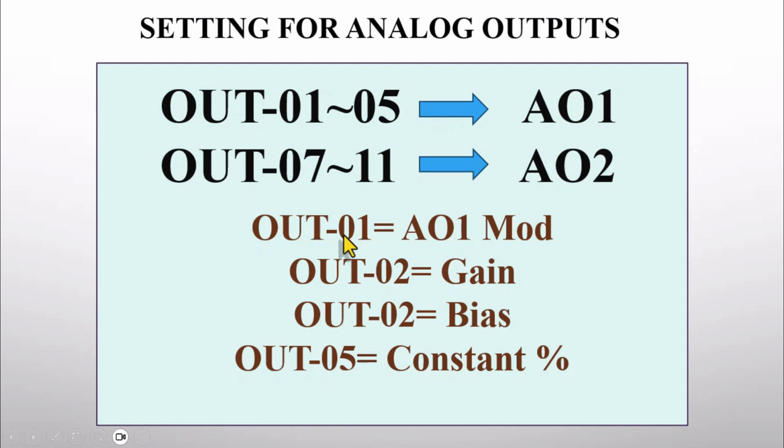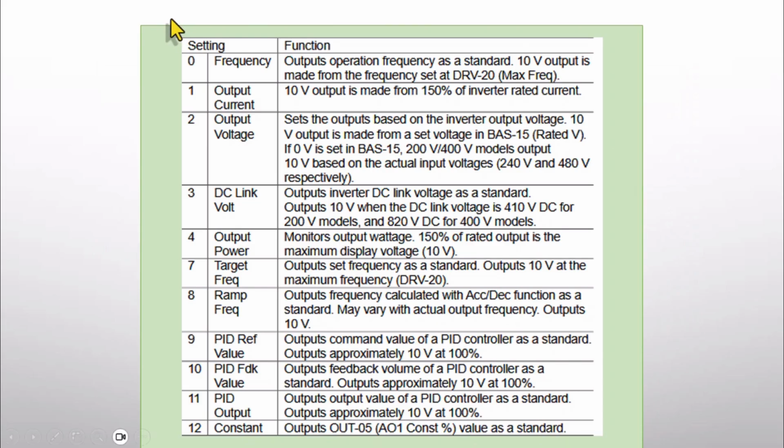OUT-01 is AO1 Mode. What does that mean? It means whether it's going to give you a 0 to 10 volt output or a 4 to 20 milliamp output. Based on what specific criteria is it supposed to give you these 4 to 20 milliamps, or 0 to 10 volts in particular? For example, if you set the output value of channel 1 to 0, meaning frequency, based on the parameter DRV-20, that is the maximum frequency, it will give you the full 0 to 10V at the output.